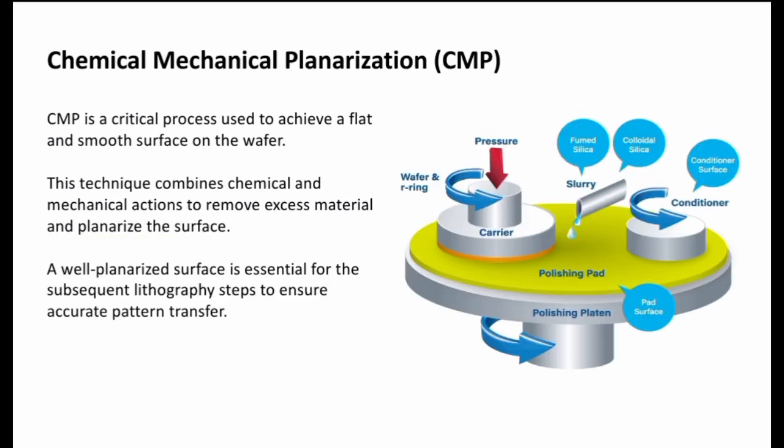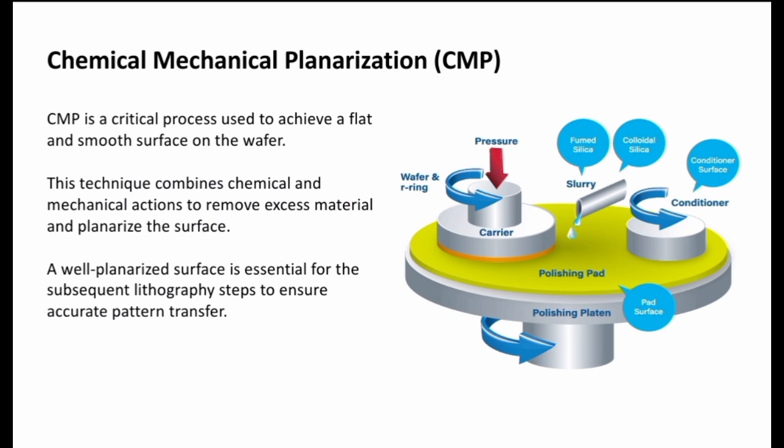Chemical mechanical planarization. CMP is a critical process used to achieve a flat and smooth surface on the wafer. This technique combines chemical and mechanical actions to remove the excess material and planarize the surface. A well planarized surface is essential for the subsequent lithography steps and ensures accurate pattern transfer.